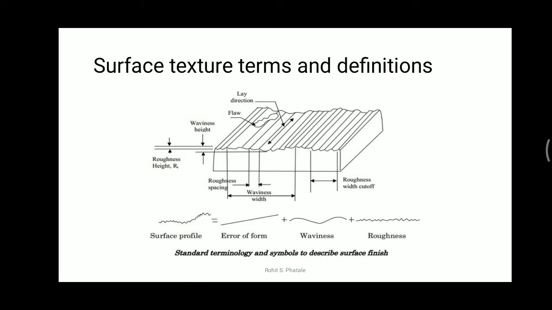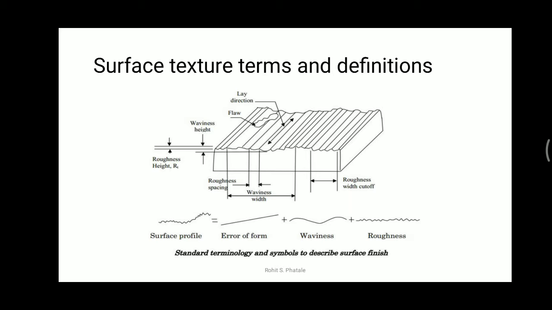Then this lay direction is what we see when we cut some wood or when we cut some metal piece. Then this waviness height is there, and roughness height is also mentioned there.